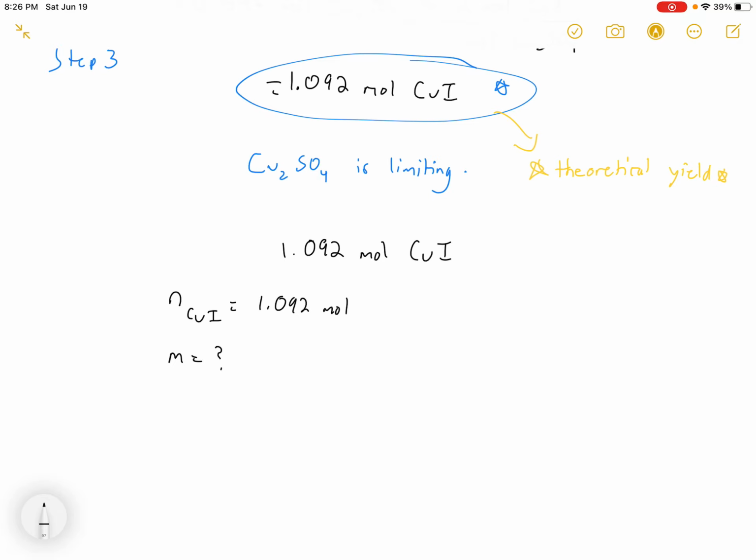If we want to know the mass, we're also going to need to know the molar mass of the copper iodide, which I believe is 190.45 grams per mole.